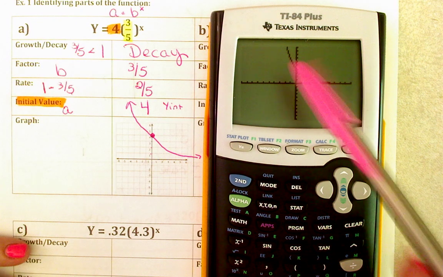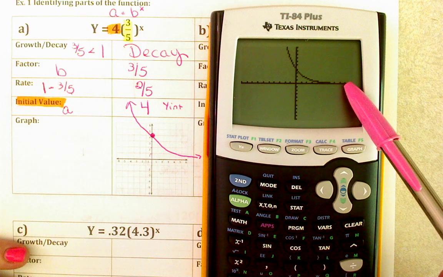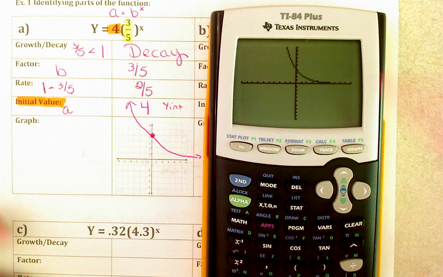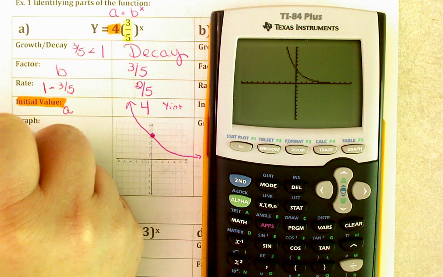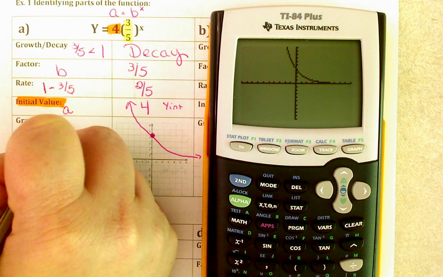Now, notice how this graph approaches the x-axis, but it never crosses it, does it? So this is our last vocabulary word here. This is what we call an asymptote.